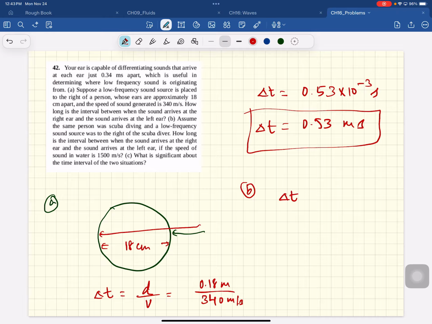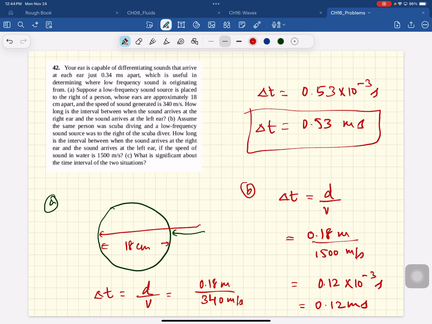So delta T would be D over V equal to, again, 0.18 meters divided by 1500 meters per second, which is 0.12 milliseconds. So underwater, you lose all sense of direction for the sound.